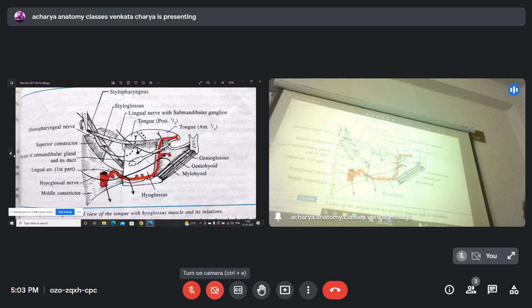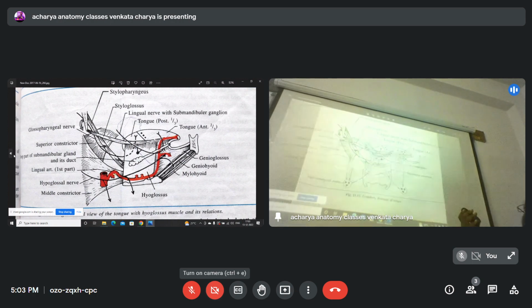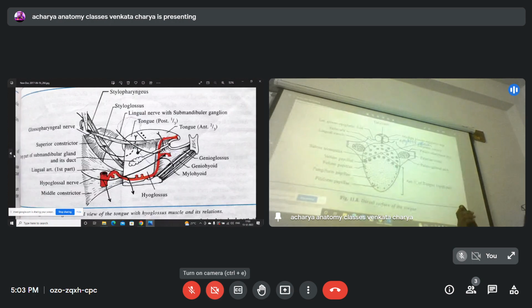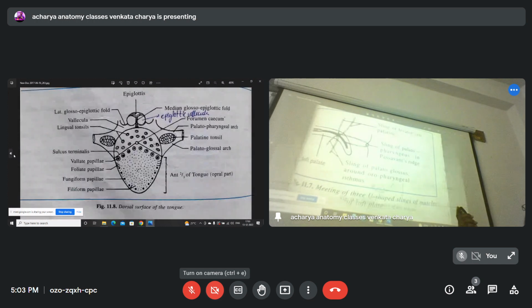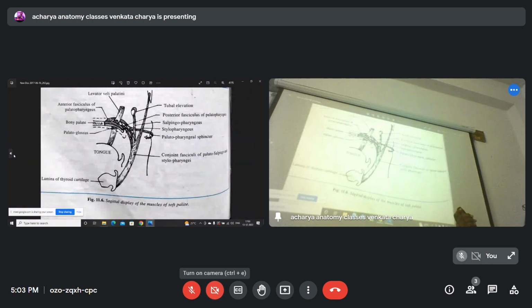Next, the palatoglossus. These are the extrinsic muscles.